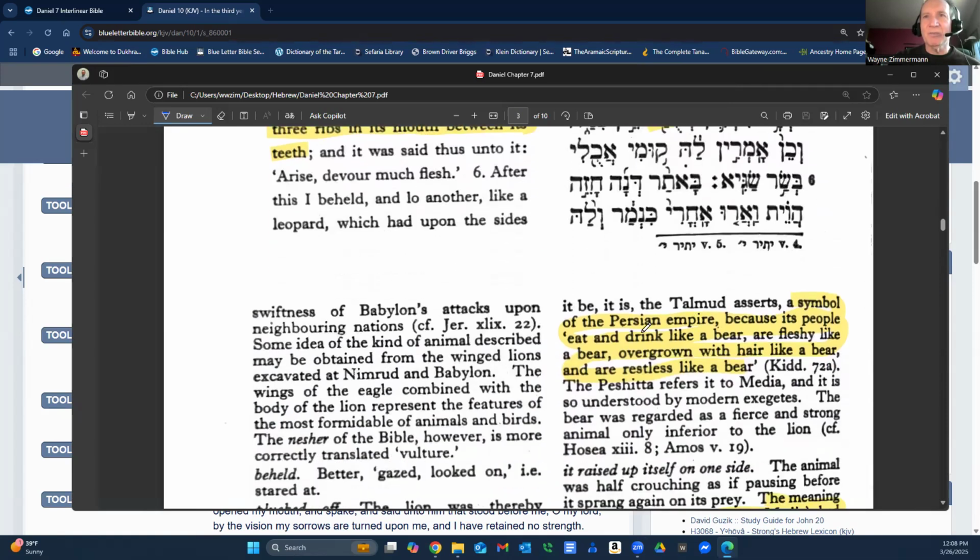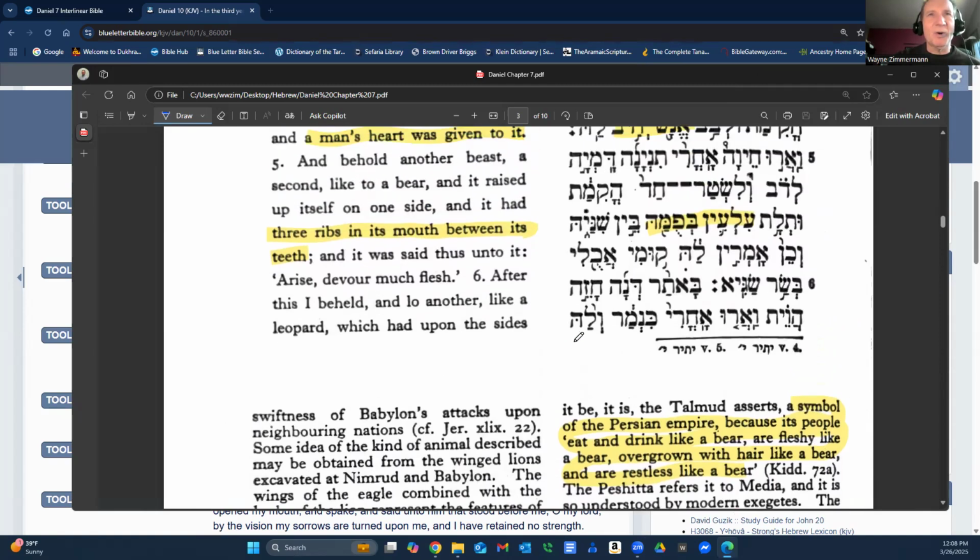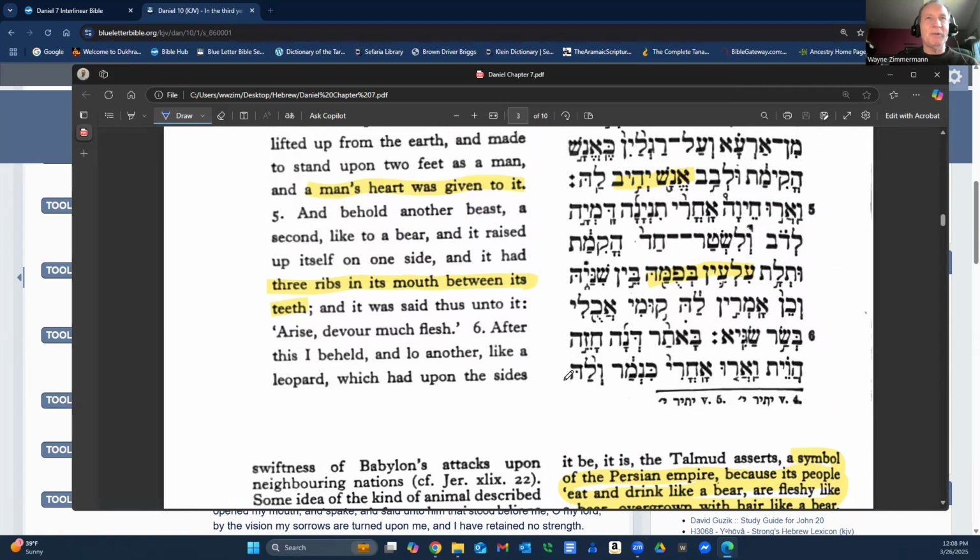If we look down here, a symbol of the Persian Empire is a bear. So maybe a possible understanding is that Daniel's prayers were being hindered by this bear, by the Prince of Persia, by the spirit, if you will, as we'll find out later, that some understand to be a spirit of the Persian Empire that was like a bear and held back or prevented Daniel's prayers from going forth, from going up.